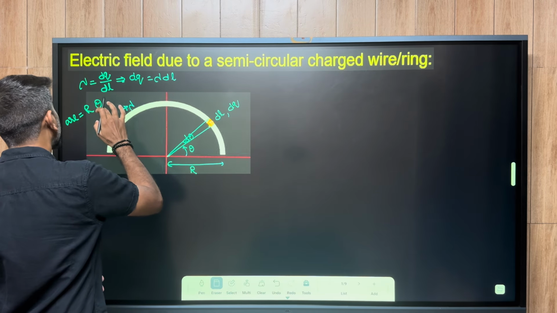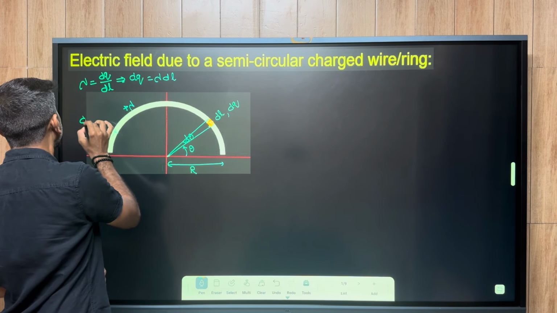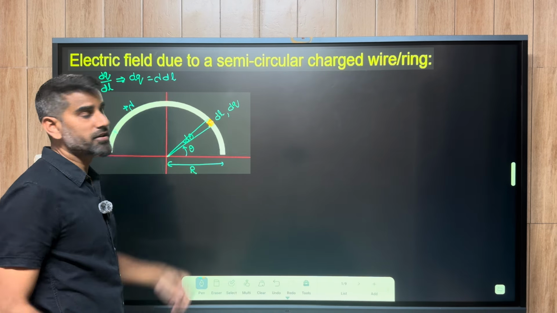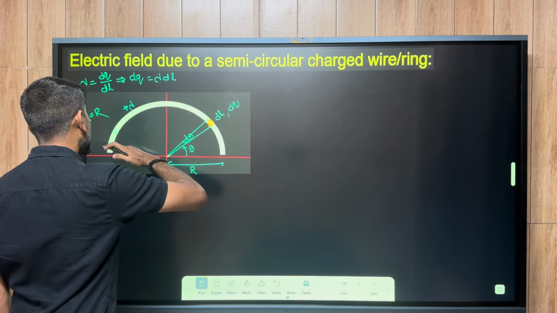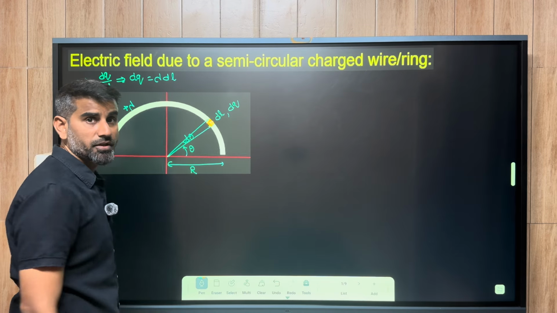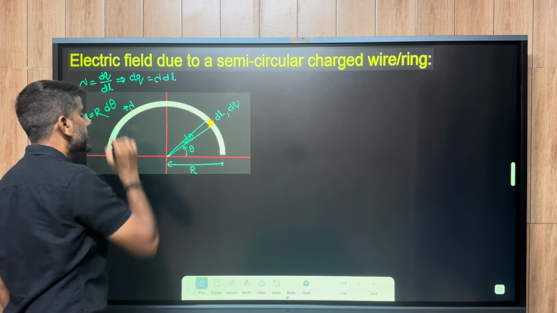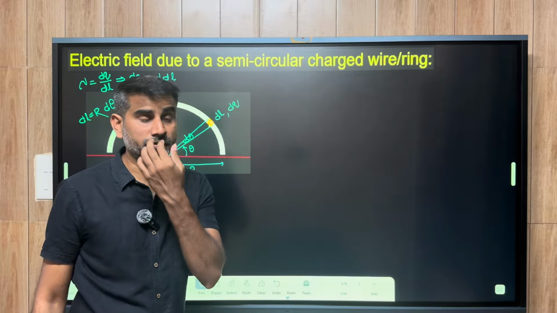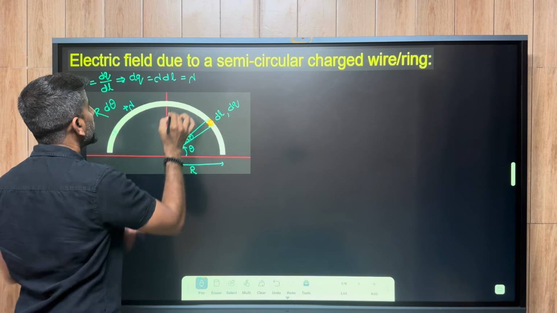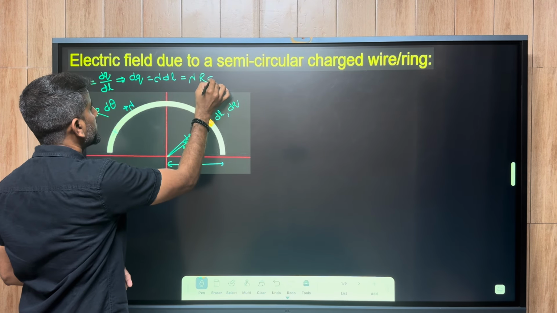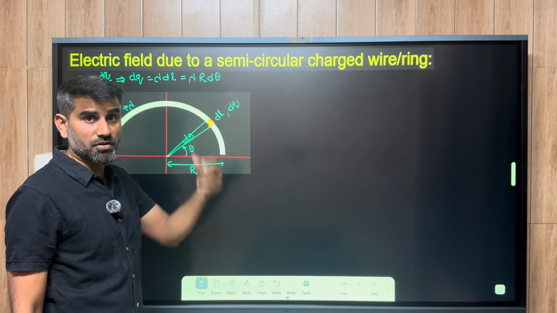So here the arc length is dl, and the radius is r. Wherever you go, for any element, the radius is r only, and the angle that is subtended by this element is d theta. Hope I made the point clear. Now I'm going to use this relation in the equation: dq is equal to lambda times dl, and dl is r d theta. This is the expression that I'm going to use in the further equations.